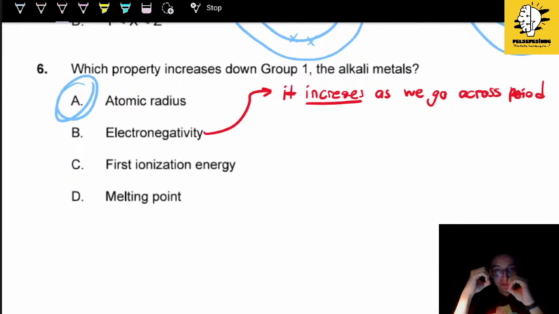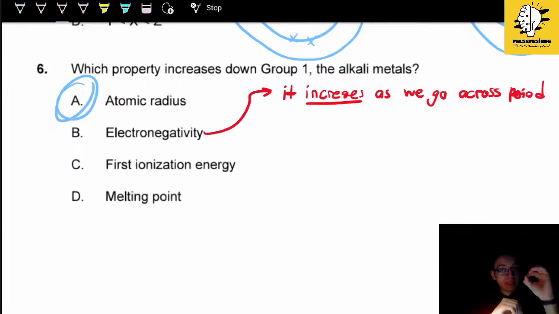So from left to right, electronegativity will increase because we know that the nucleus is closer to the valency shells. So when we are at the very left of the periodic table, the atomic radii is too large, so when it makes a covalent bond, it is much more difficult for this nucleus to reach the electrons in the bonds, so it does not have that much electrostatic effect. But think about fluorine compared to sodium.